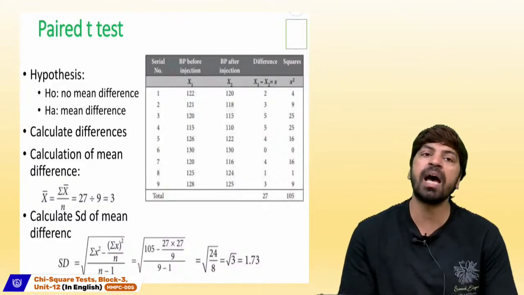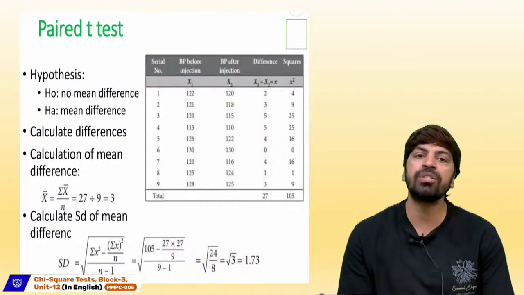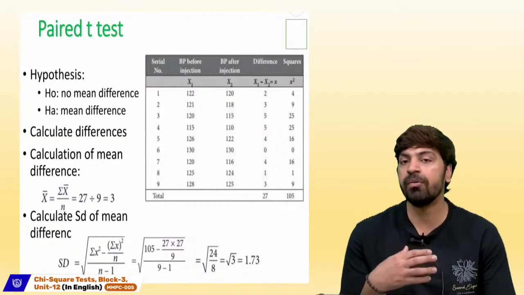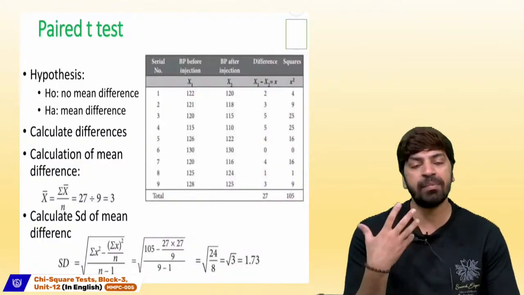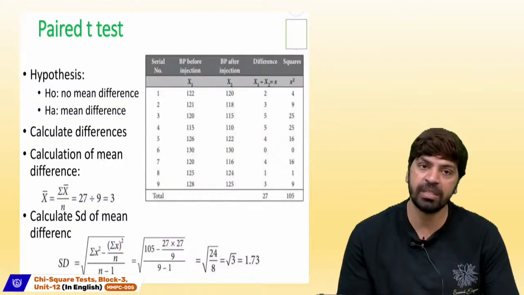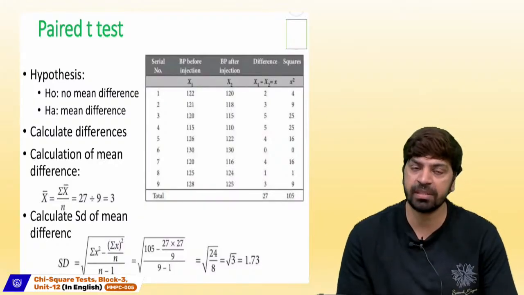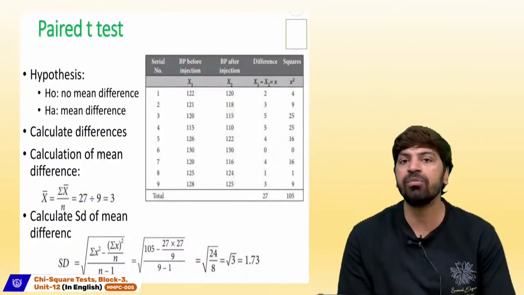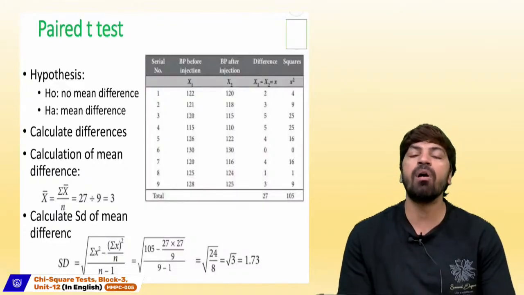So our first task is the hypothesis. H0, the null hypothesis, says there is no mean difference. H1, the alternate hypothesis, says there is a mean difference. If H0, that is no mean difference, then we need to calculate the differences. How to calculate the differences? X1 and X2 are already given.